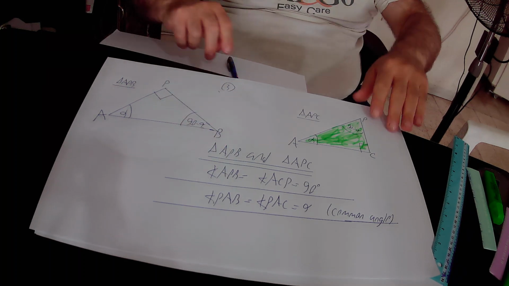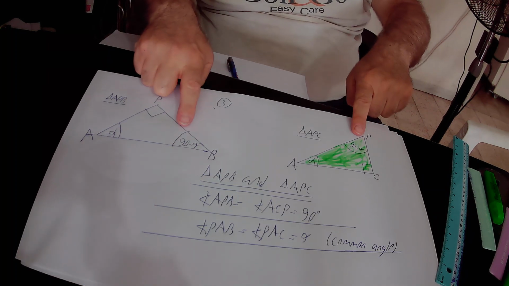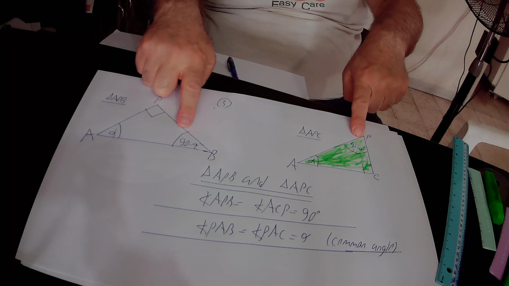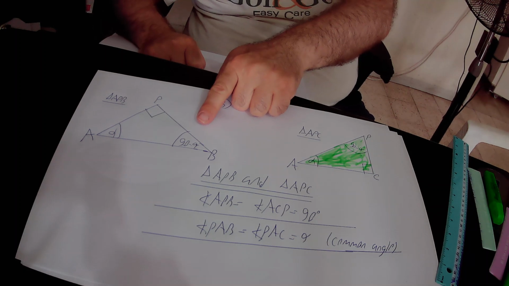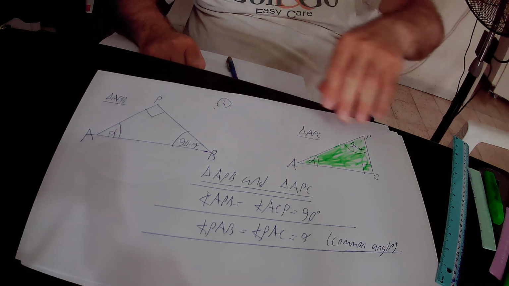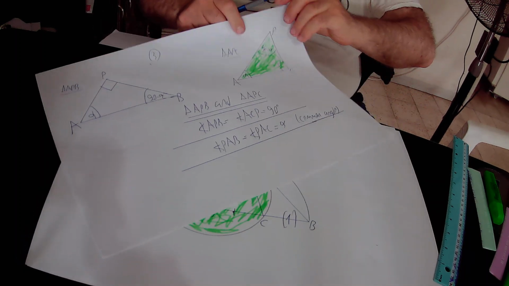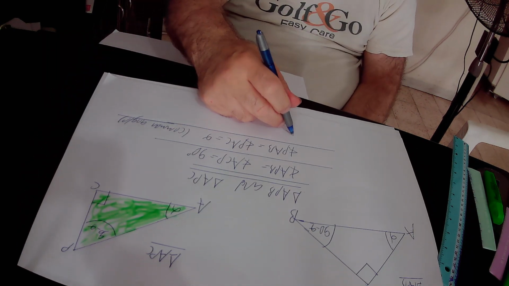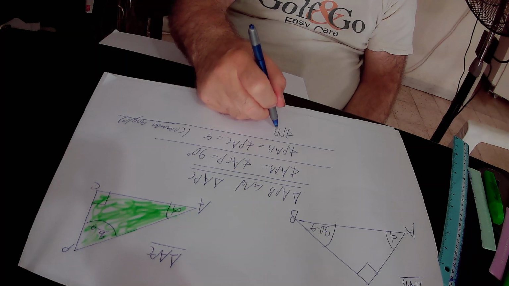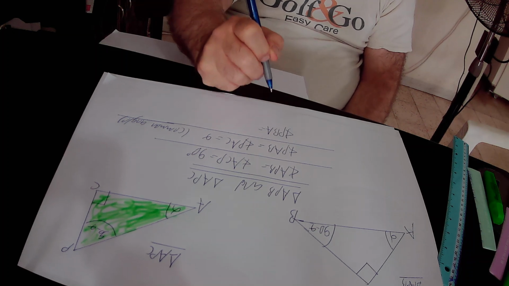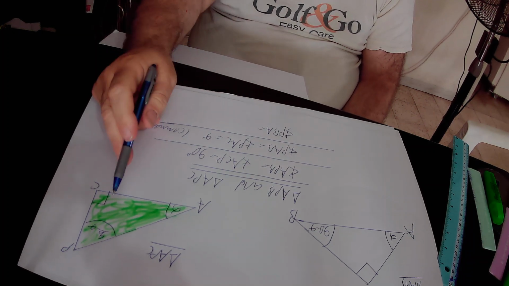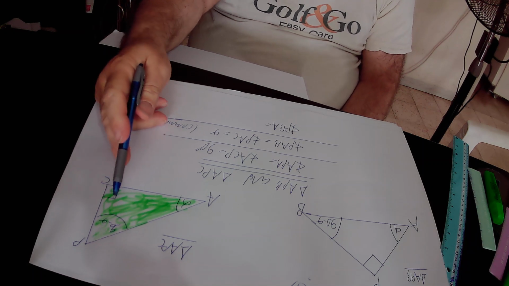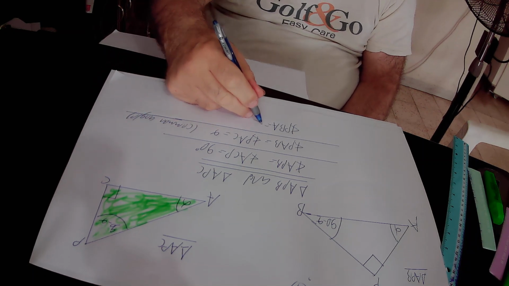And finally, those two angles are both equal to 90 degrees minus alpha, therefore they are equal to each other. So actually, this is angle PBA in the right triangle, and it is equal to this angle, that is actually angle APC in the green triangle.